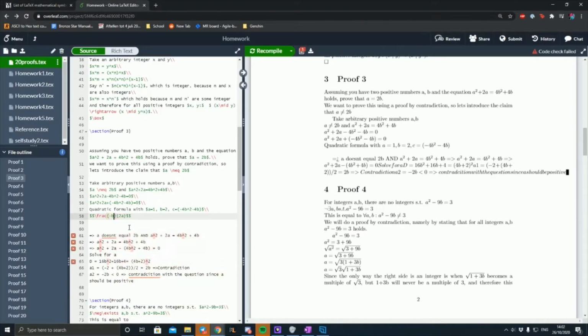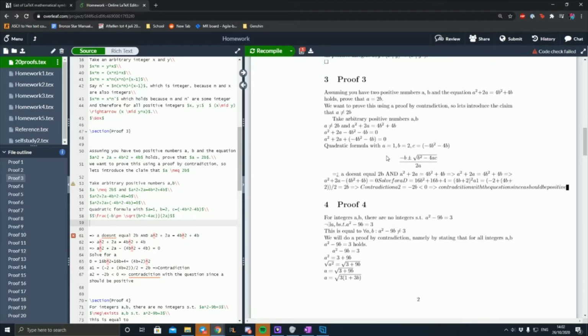So that's negative b plus or minus the square root of b squared minus 4ac over 2a. Oh yeah, and I should put a double closing bracket, one for the square root and one for the fraction. So if we compile this, quadratic formula, fill this in.